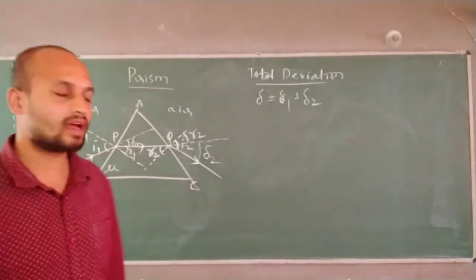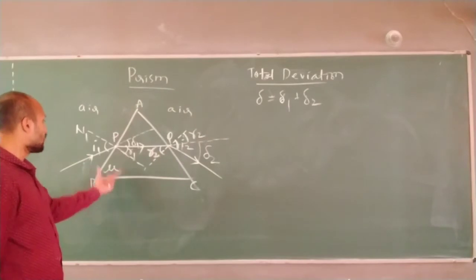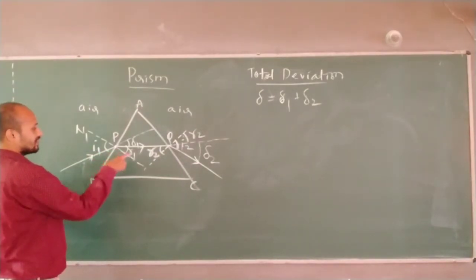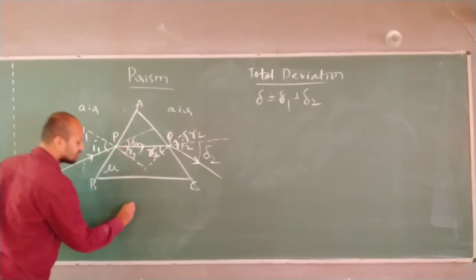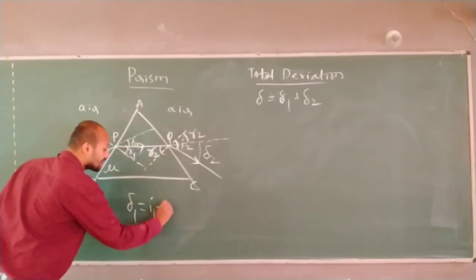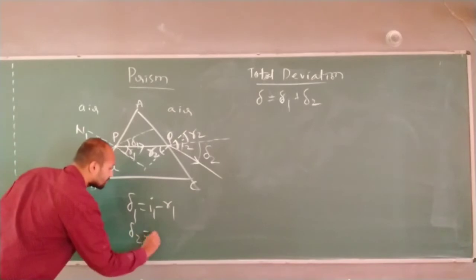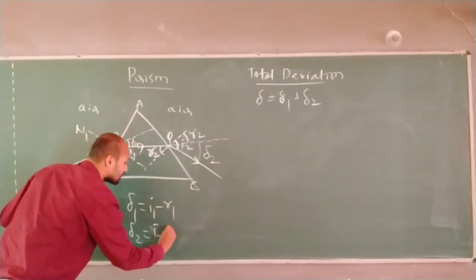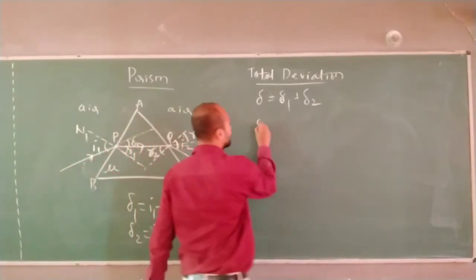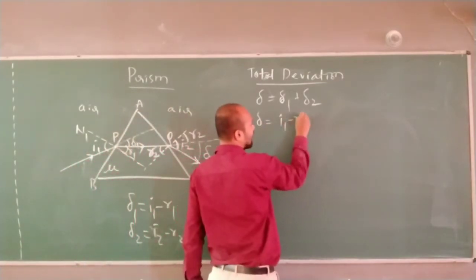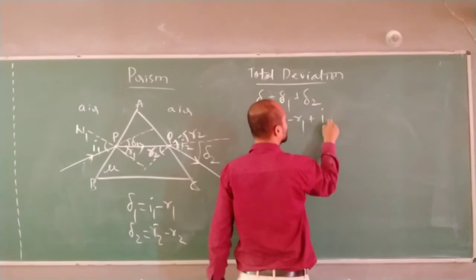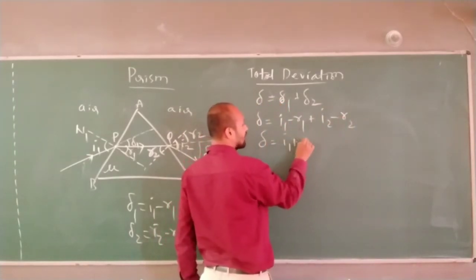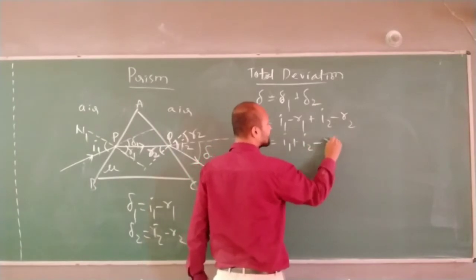Dou 1 is I1 minus R1. Dou 2 is I2 minus R2. So the total deviation is I1 minus R1 plus I2 minus R2. So deviation becomes I1 plus I2 minus (R1 plus R2).